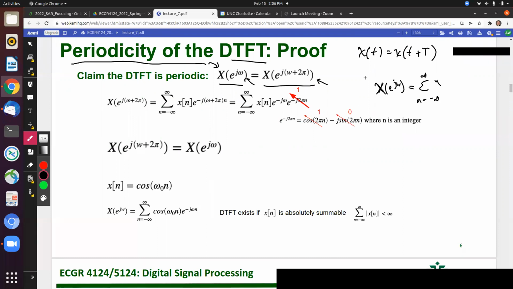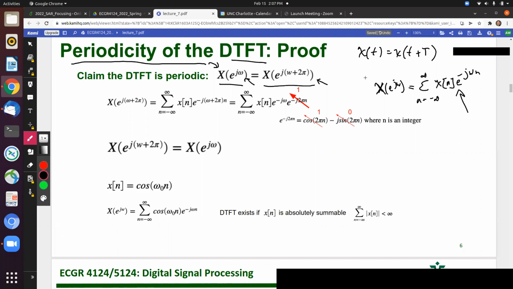We take x[n] and we just multiply it by e^(-jωn). And you can always remember that's just how all Fourier transforms work. You just multiply by a complex exponential with a negative exponent.